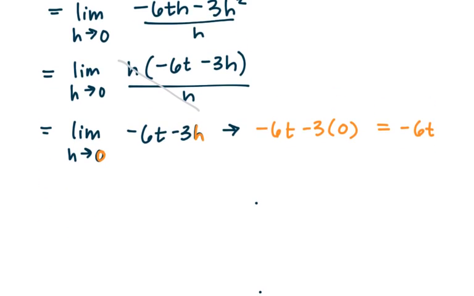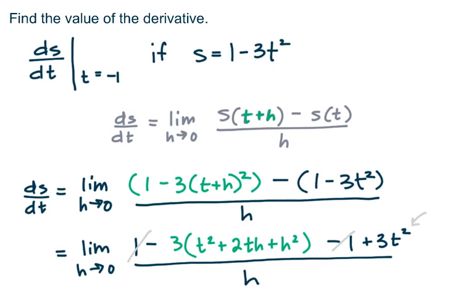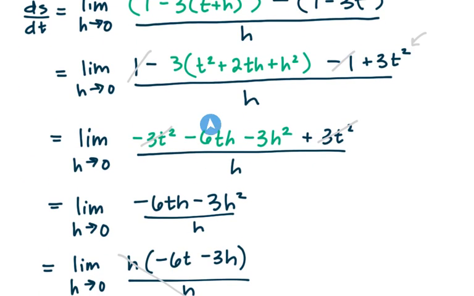So the derivative of s with respect to t is negative 6t. This represents my derivative. Now, what were we asked to do with that derivative? If I go back up to the top, you'll notice we have t equal to negative 1. So we're going to take that derivative and evaluate it at t equals negative 1.